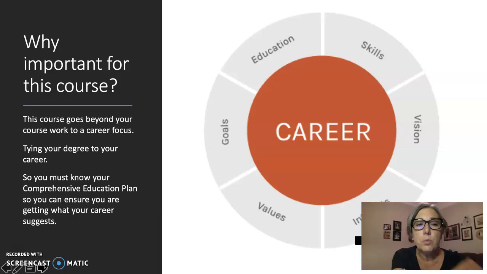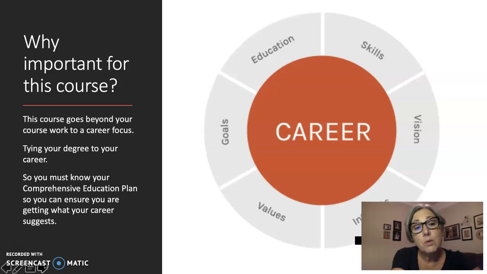So why is it important for this course to have an ed plan? Because some of you are probably thinking, this is career, this isn't about my ed plan. Well, the importance is that this goes beyond your education. It goes beyond what that degree is and actually looks at whether that degree is going to line up with your career focus. What other skills or goals do you have for your career besides just that degree?